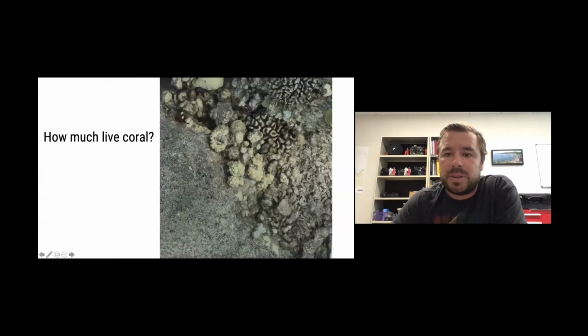Just to give you a sense of the comparison, when you're in the field, you might look at an area of reef like this, and you have a matter of really seconds, less than a minute, to do a quick estimate of live coral cover. When you're in the lab, you can spend as much time as you want tracing. So let's see, anyone want to throw out some guesses as to how much live coral is in this image?